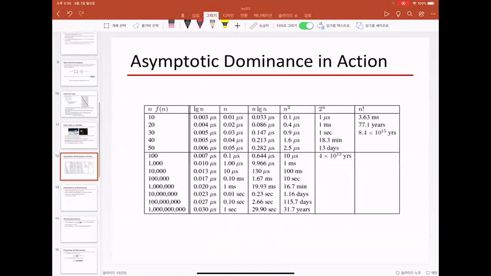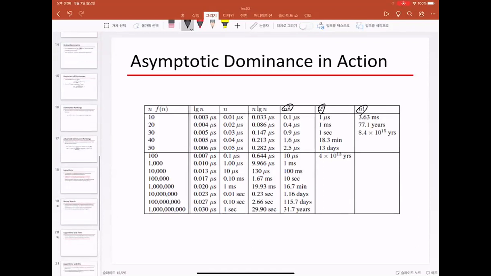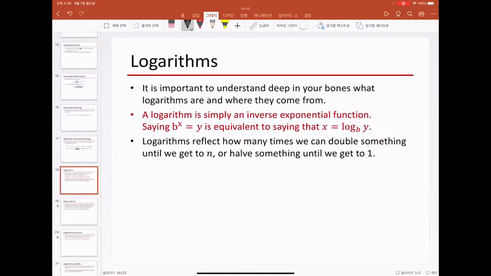And we care about dominance. When we talk about log n, that is the best one. The n log n we can still accept, but it starts to be n squared, 2 to the power n, and factorial, and we cannot bear those programs. And we talked about logarithm. What is logarithm?